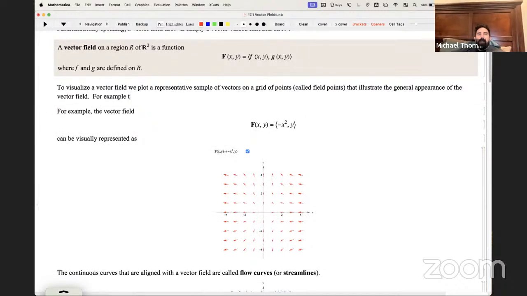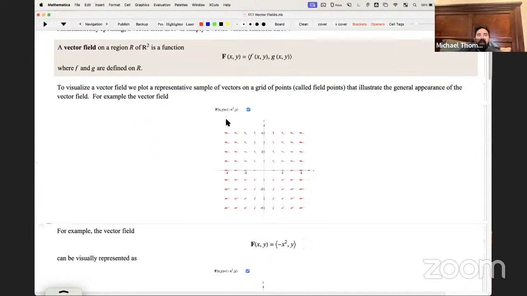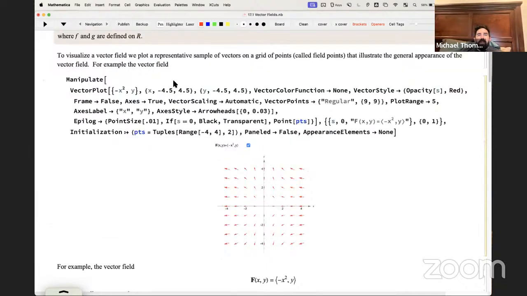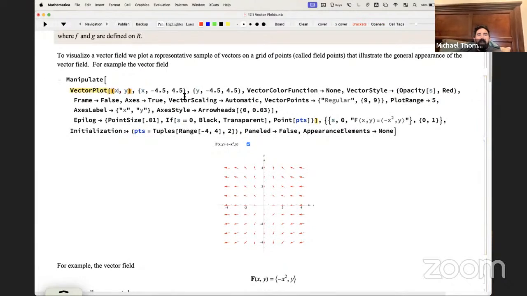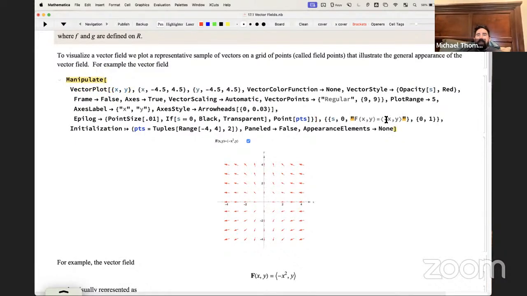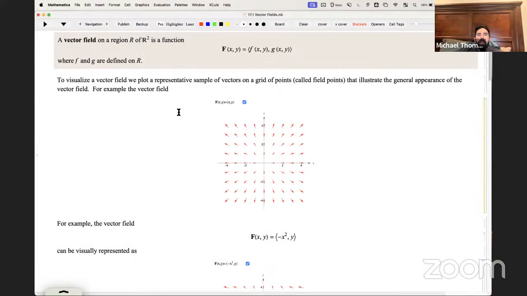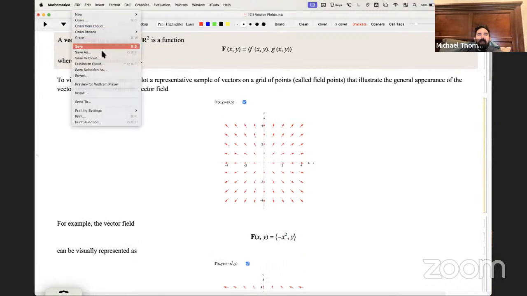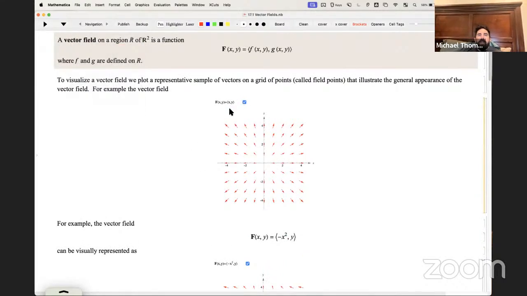For example, vector field. And then what I'll do, I'll change this to an x and that to a y. There we go. Now we can see what it looks like.